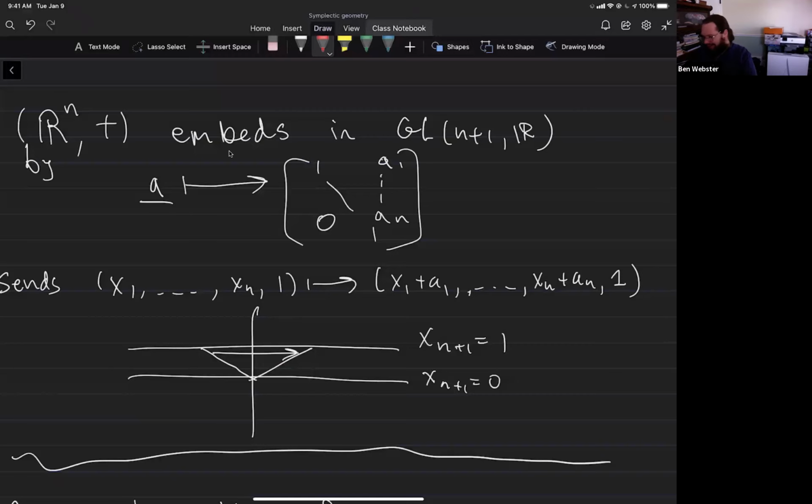So this is sort of a useful trick for going between linear and affine actions. This is a general trick for taking an affine action and turning it into a linear one, where you add one more coordinate. For your affine action, you always set that last coordinate to be 1, and then you can extend it to a linear map on the bigger space.